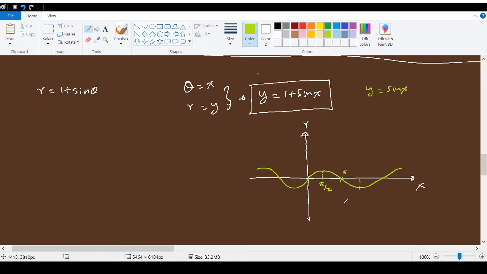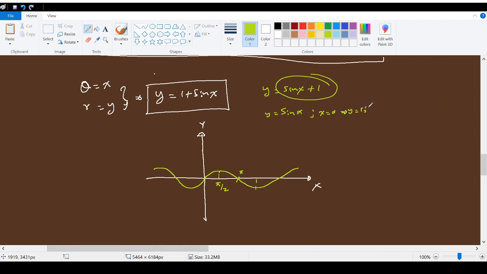And what will happen if we add 1 to the right hand side? For example, if it is just sin x, what will be the value of y when x is equal to 0? Then y equals sin 0, and that is equal to 0.